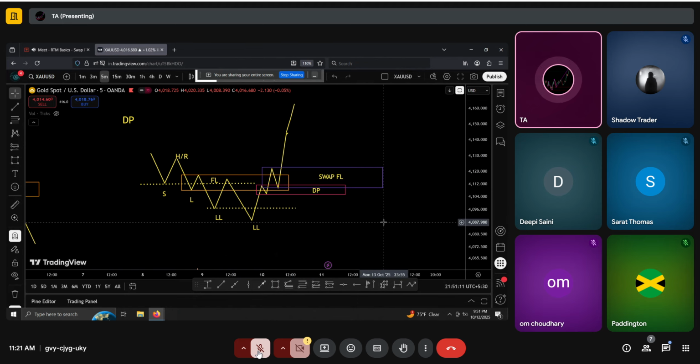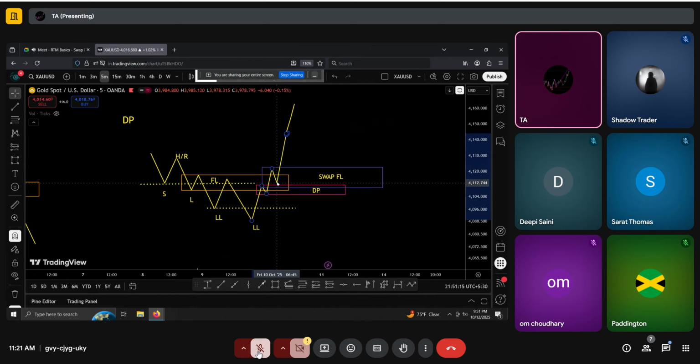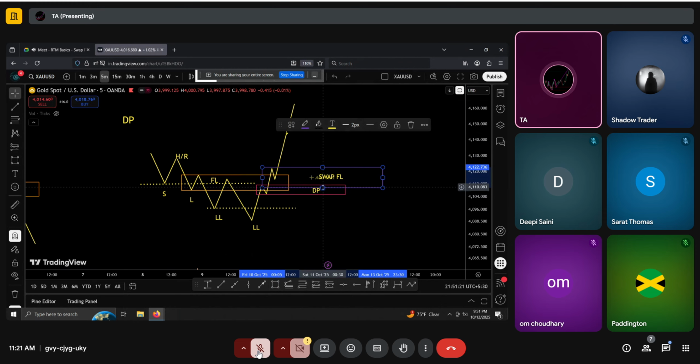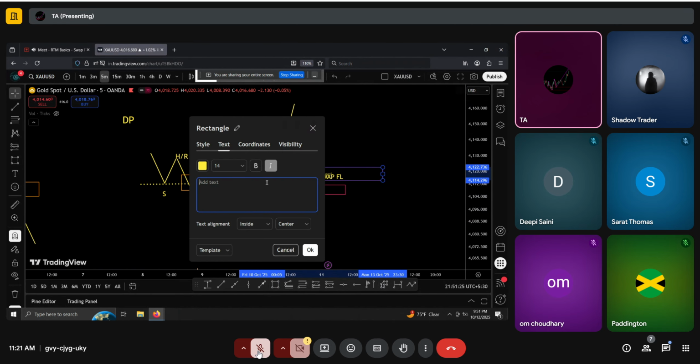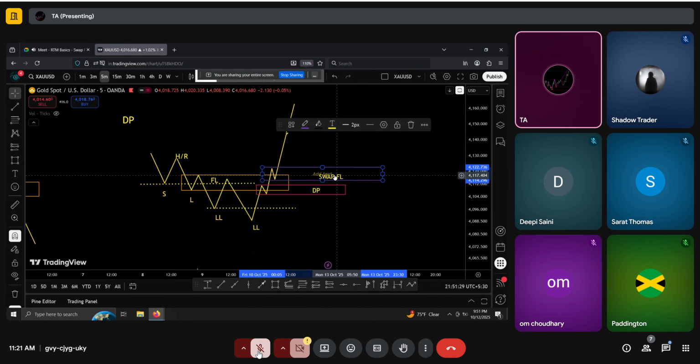right? But what happens if this doesn't come back to DP? Again same, we will not call this swap FL, we will call this RS. We call this just RS, nothing else.